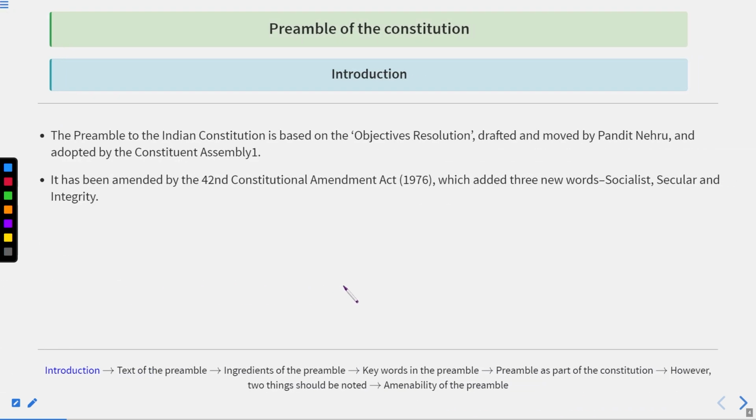The preamble to the Indian Constitution is based on the objectives drafted and moved by Pandit Nehru, as we had seen. It has been amended by the 42nd Constitutional Amendment Act 1976, which added three words: socialist, secular, and integrity.